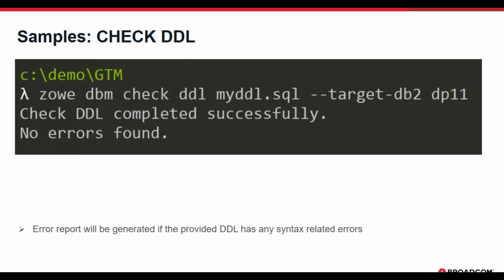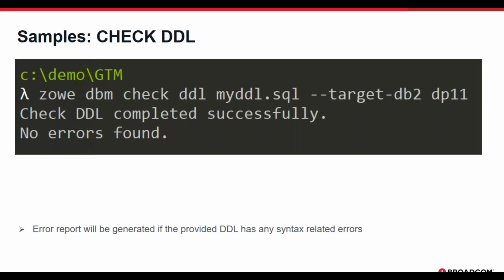This is the second sample, where we are going to ask the CLI to check the syntax of a provided DDL, which is technically the DDL that was generated by the generate DDL CLI just before. I was just trying to play with it, and if the syntax is perfectly correct, in other words, if there are no syntactical errors identified by the check DDL, then the user is not going to get any errors as such.